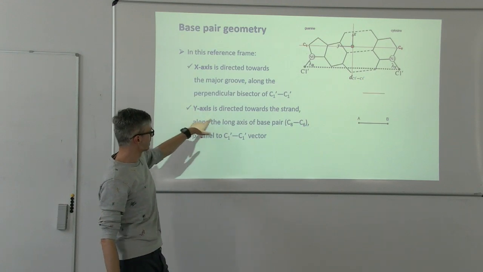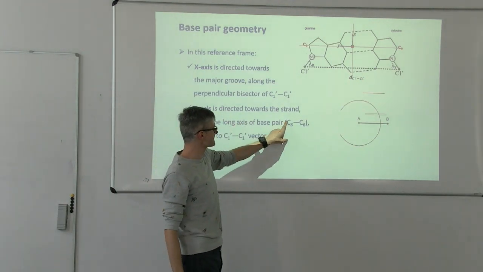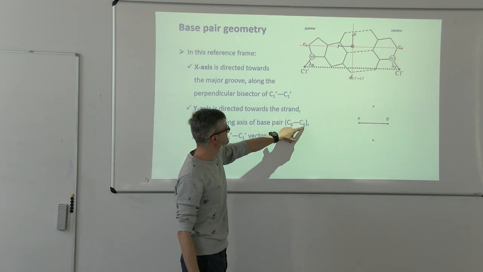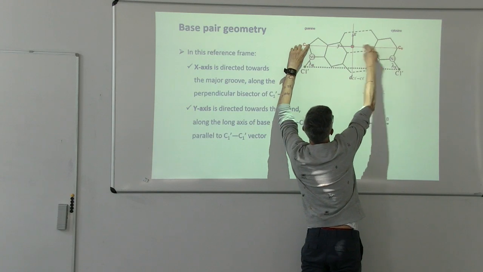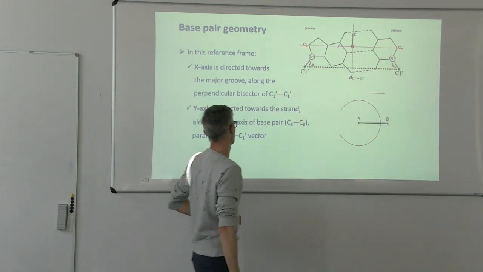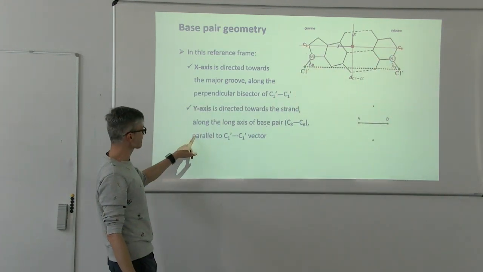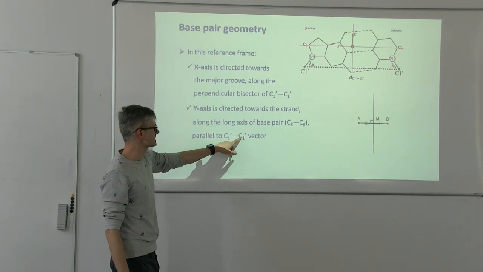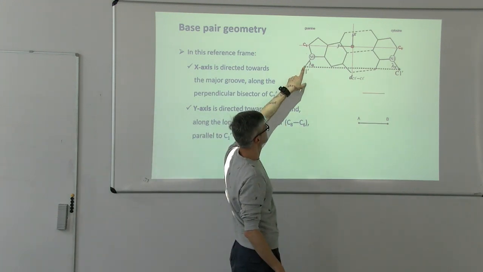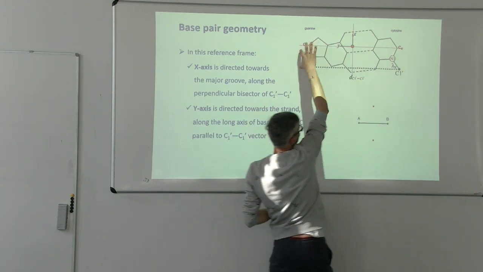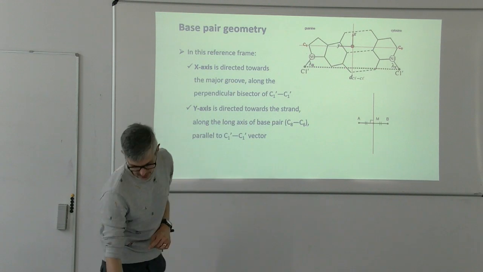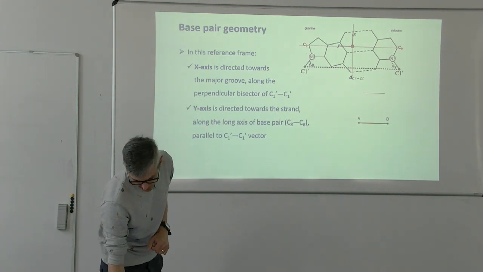And then along the axis of the base pair, C8 here and C6 there, you have the line. This is parallel to the C1', C1'. This is the C1', this is the C1', and you indeed see that this is parallel here. So this is how you have the X, Y.